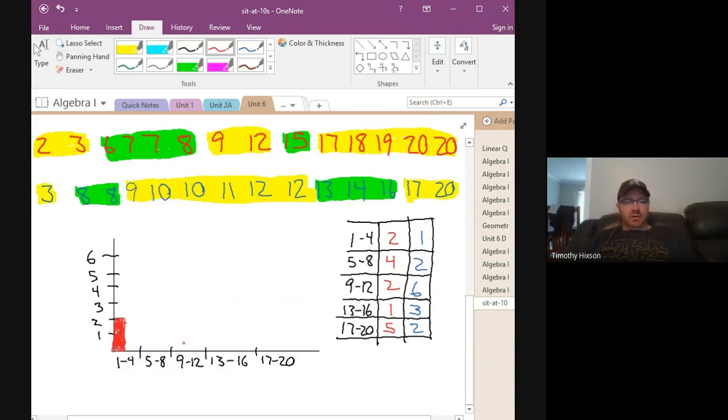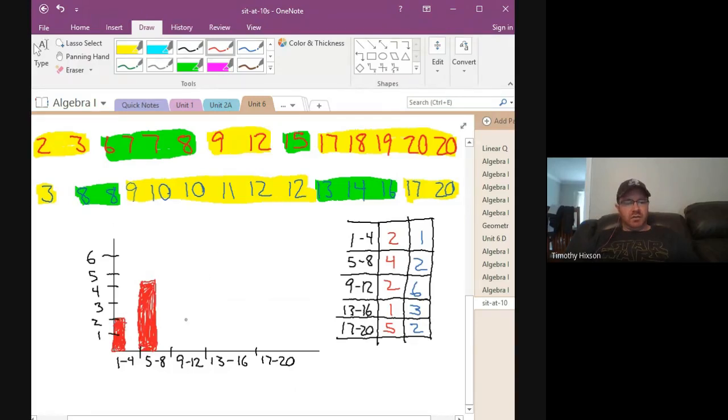And then there were, in the 5 to 8, there were 4. Again, I'm only going to use half of that space. I'm not very good at coloring. There we go. We got the idea.